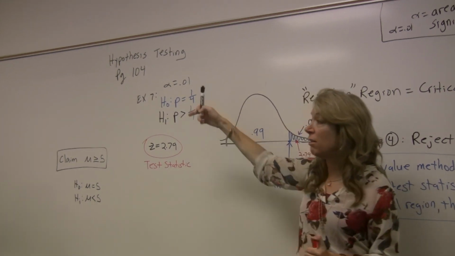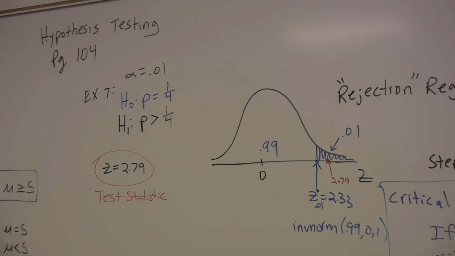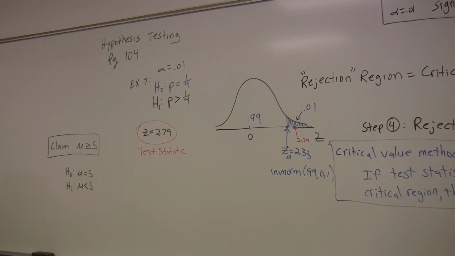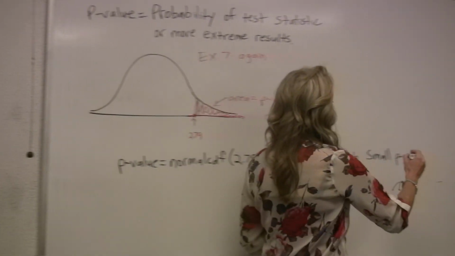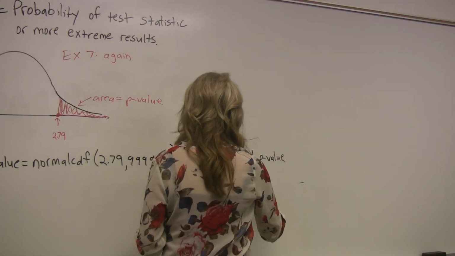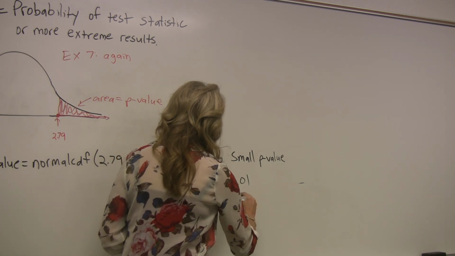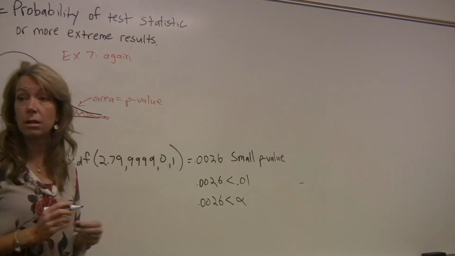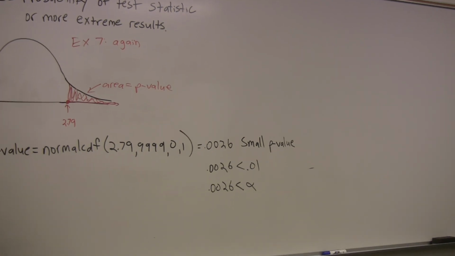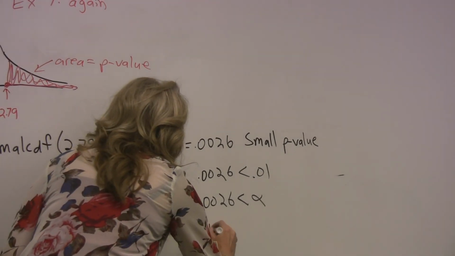So any probability smaller than that tells me my results are rare. Here, 0.0026 is less than 0.01, or in general, less than alpha. Because that's true, we again reject H0.